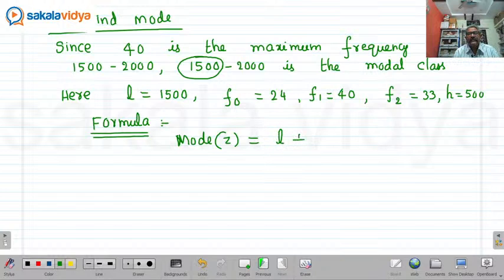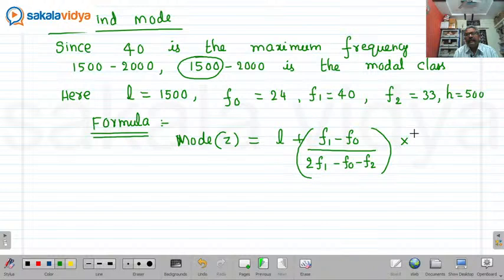L plus (F1 minus F0) upon (2F1 minus F0 minus F2), multiplied by the size of the class h. So let us substitute respective values.